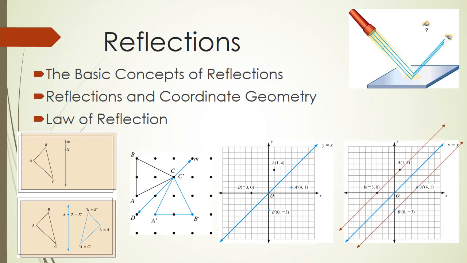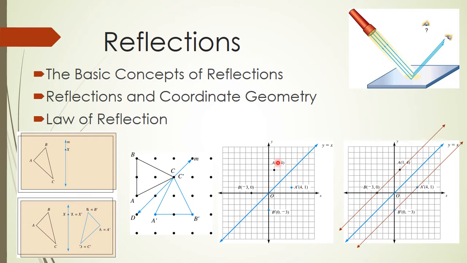All right, the other thing that we can do is we can look at reflections in coordinate geometry. There are some certain lines of symmetry that actually create predictable patterns. Those lines are when the line of reflection is the y-axis, when the line of reflection is the x-axis, or when the line of reflection is y equals x, when you put that equation into slope-intercept form. So as you can see, the pre-image A and the virtual image A prime have a really weird relationship where x becomes y and y becomes x.